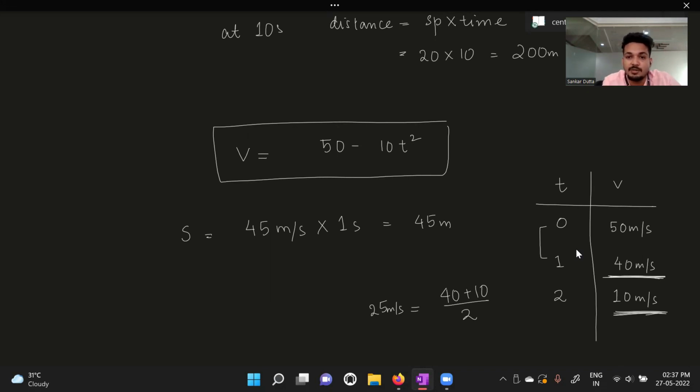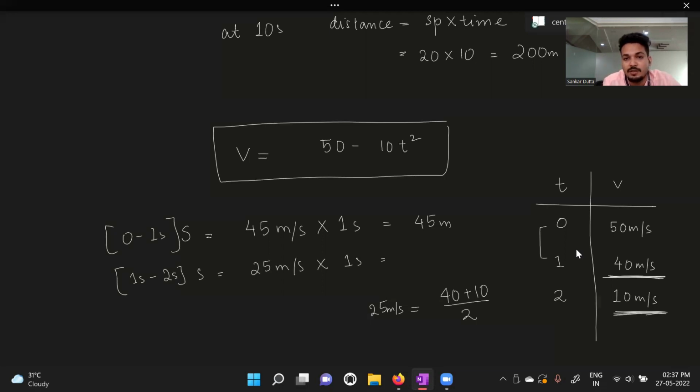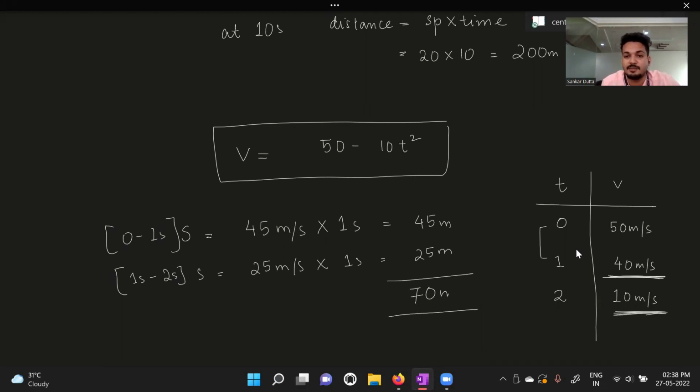So this was the displacement from 0 to 1 second, and from 1 second to 2 seconds the displacement was 25 meter per second into 1 second, which is 25 meters. And then you answer the question like this: sir, the total distance traveled by this body is probably 70 meters.